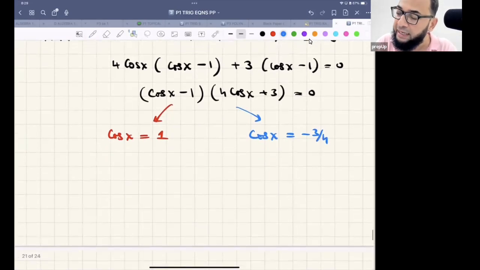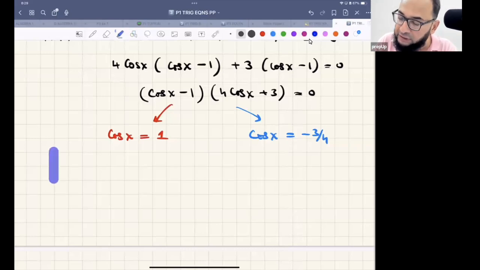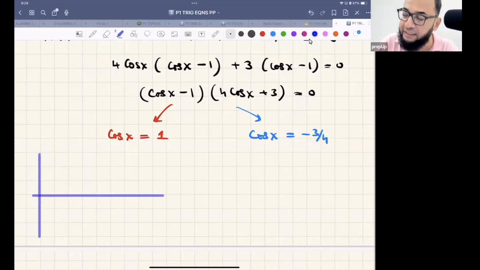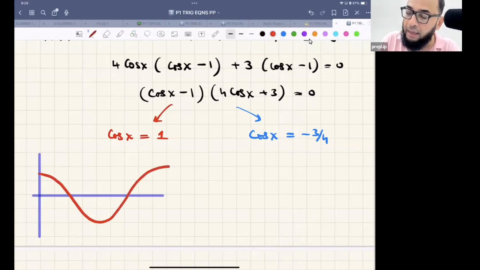Now, if cosine x equals 1, what should I do? Let me draw the x-axis like this, and the y-axis like this. Let me draw the graph and stop it over here.